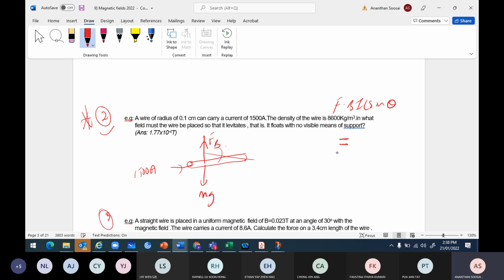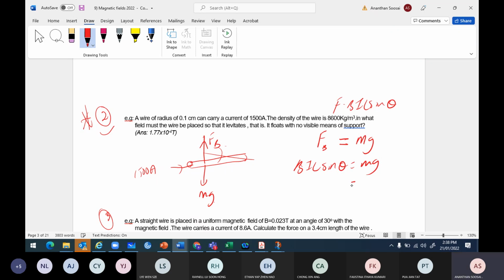Of course, the magnetic force must be equal to the force downwards, which is the weight, mg. This is the first idea that must come to your mind. And because the wire is a conductor, this formula must come to your mind: BIL sin theta should equal mg.